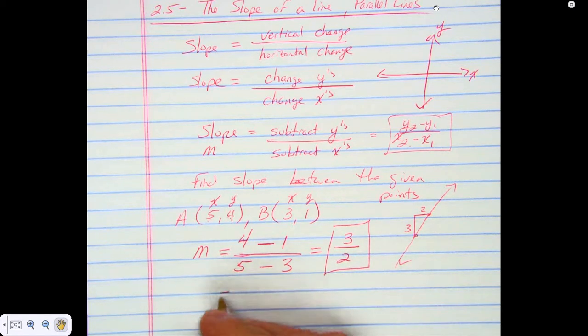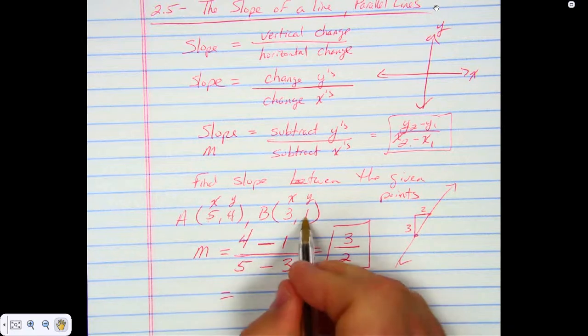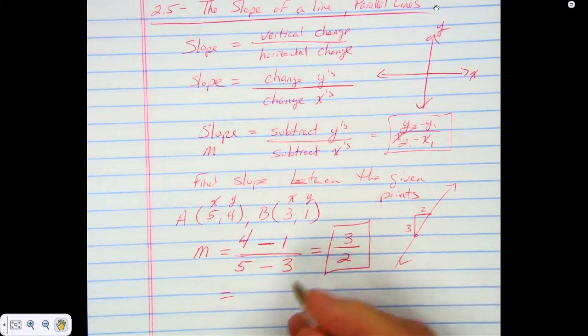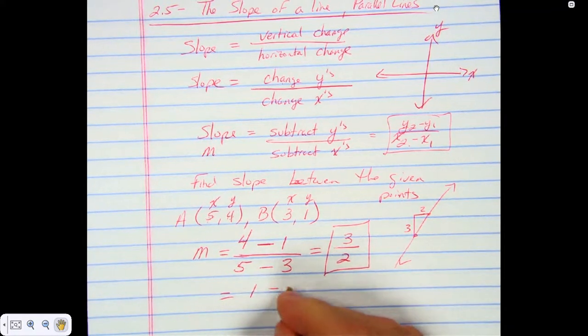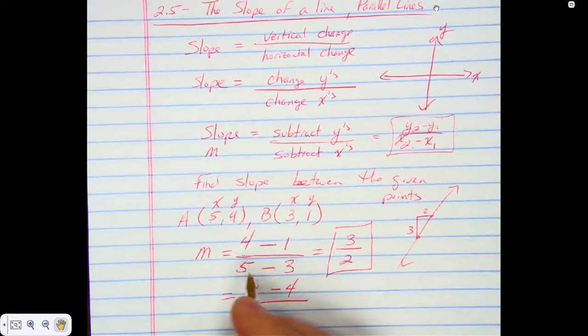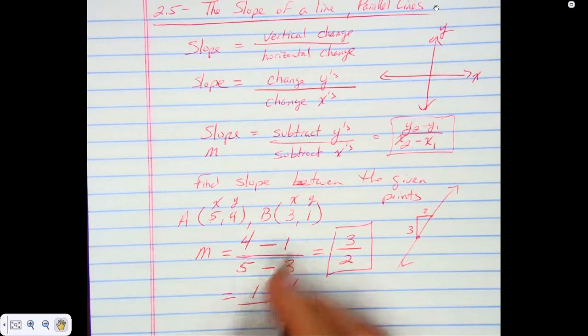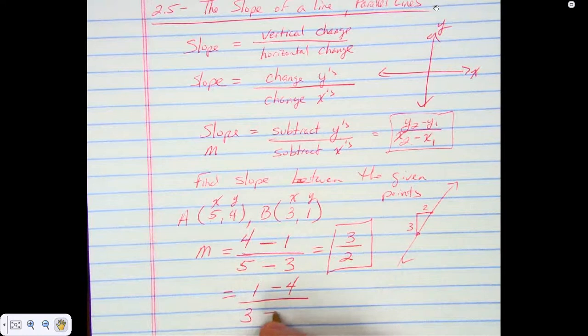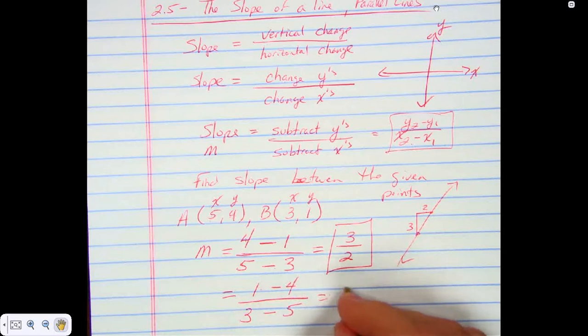Now, what if you had decided to go the other way? What if you decided to put this y first? You don't need to write this down. What would it be? It would be 1 minus, what's the other y? Over, what is the other x? What is the x that goes with the 1? 3 minus what? 5. What would you have gotten? 1 minus 4 is what?